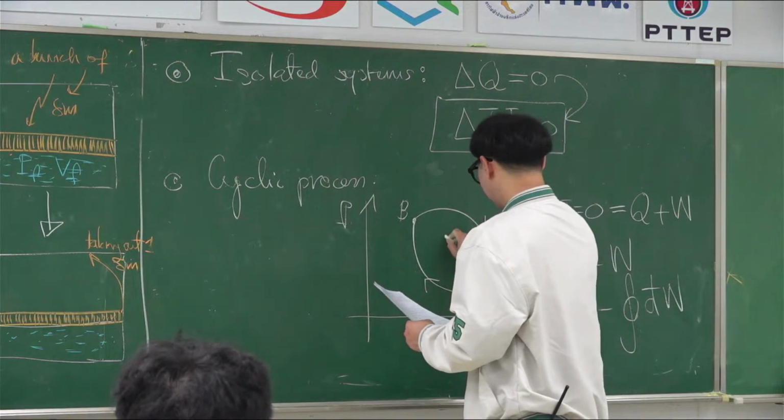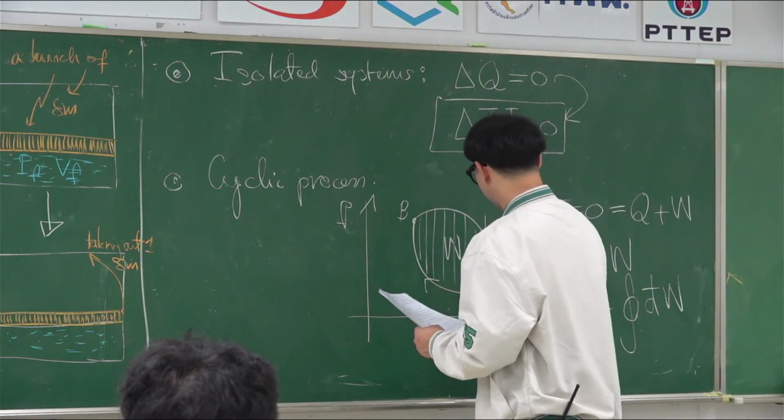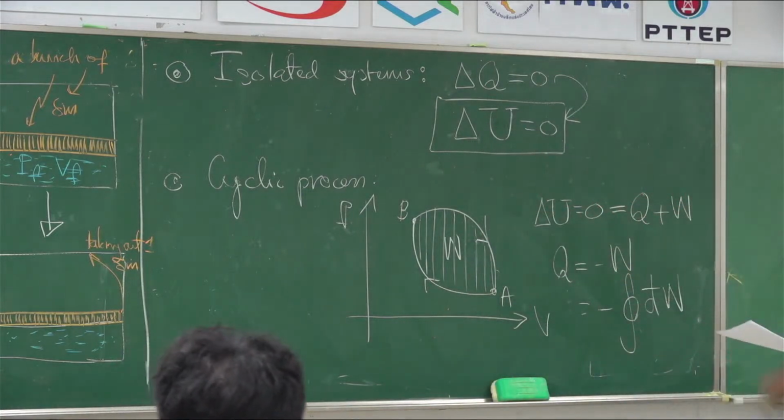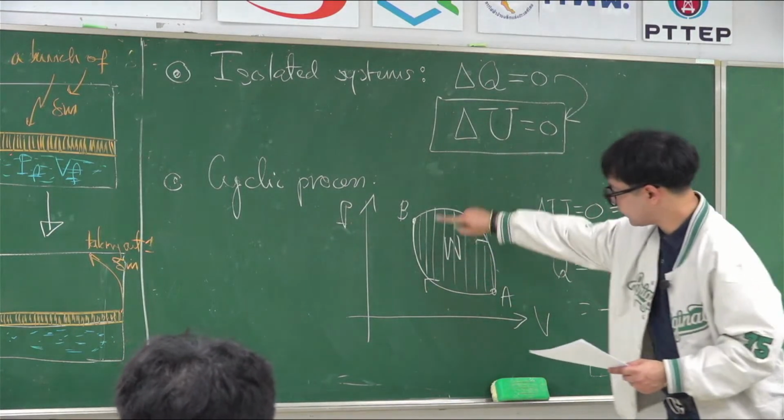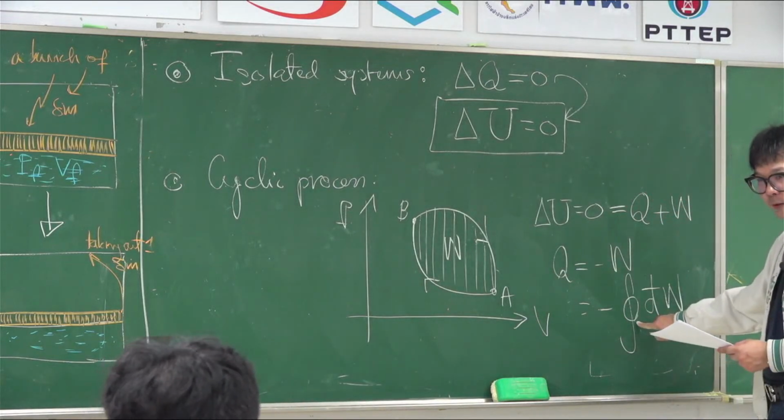And this would be the total amount of work, right? That we require during the cyclic process. Okay, you know this symbol, right? Okay.